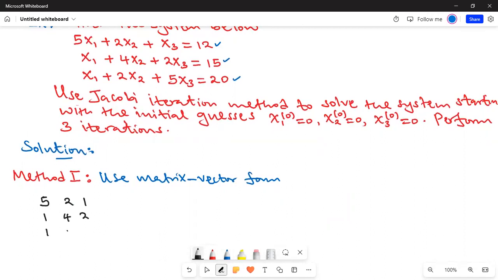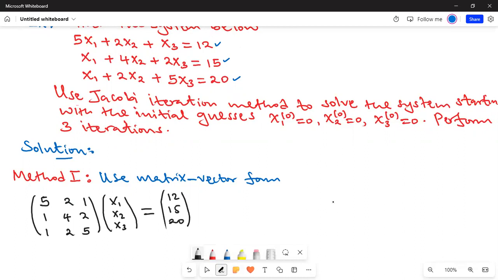Then 1, 2, 5. This is the matrix of coefficients. Our unknowns are x1, x2, x3. The solution matrix is 12, 15, 20.